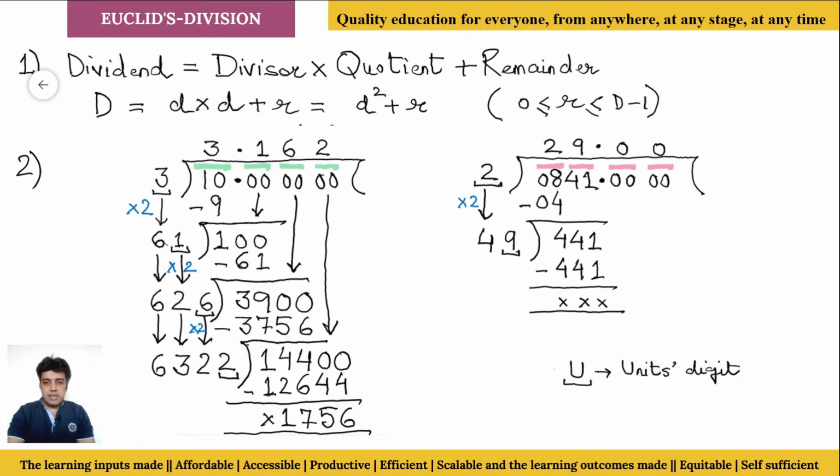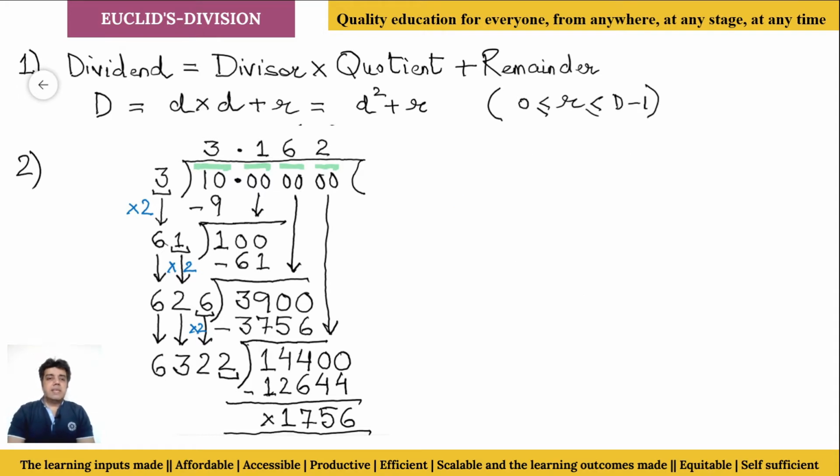So now let's come back to the given number. You will see that the first interim remainder that I got was 1. Now I bring down the 00 there, and once I have brought it down, I put the decimal point as a part of the quotient. Now the second thing that I'm supposed to do here is the units digit.